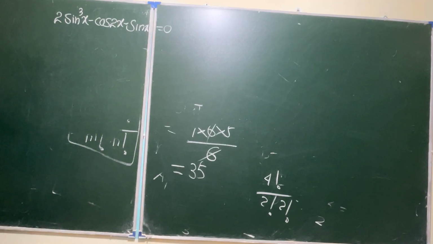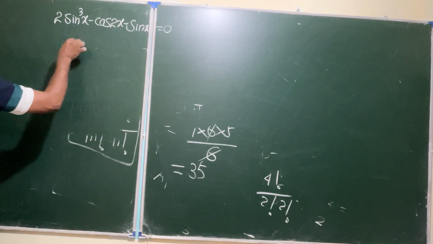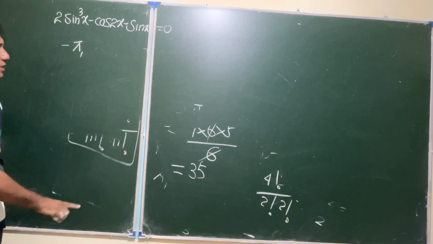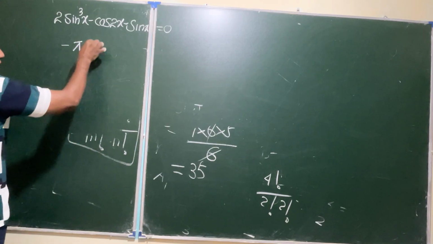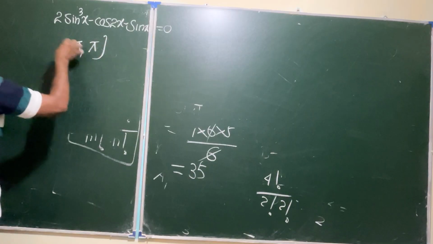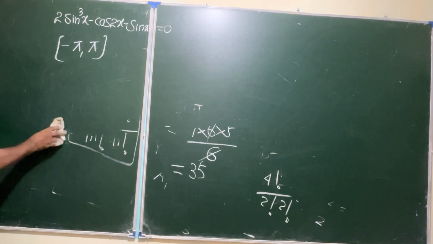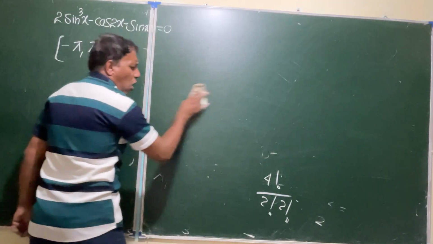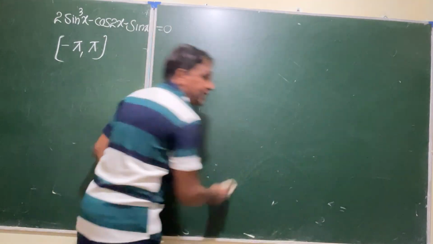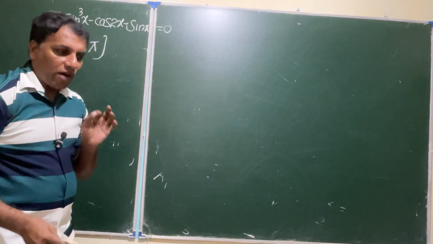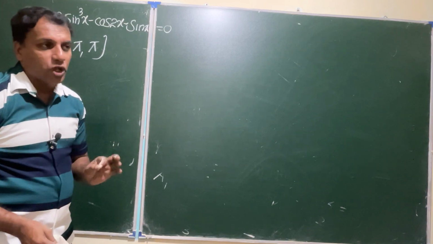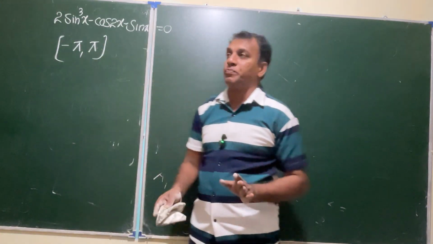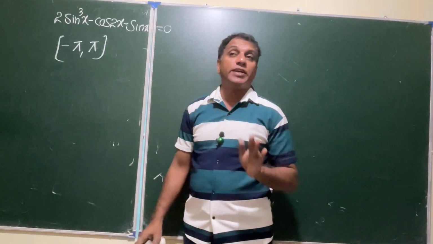The question is this: find the sum of the roots, find the sum of the answers of this equation in the range minus pi to pi, right? Minus pi to pi, all the answers and their sum. The question is, find the sum of all solutions in the range of minus pi to pi.